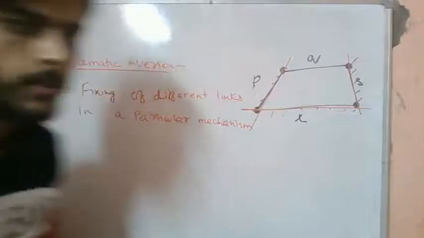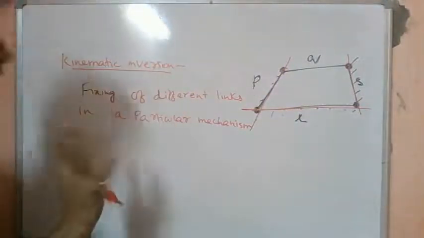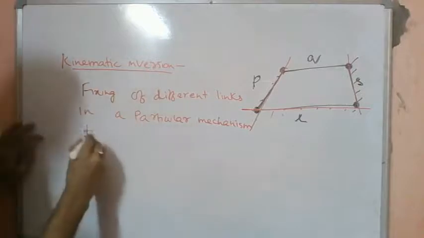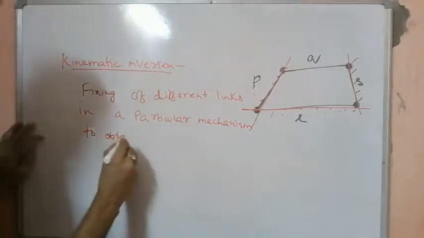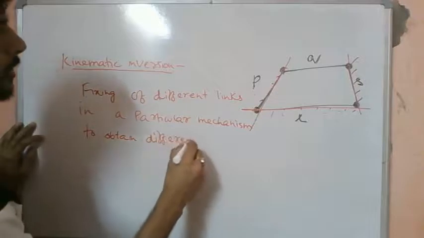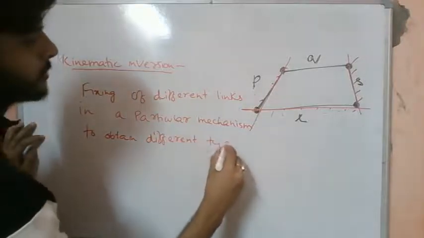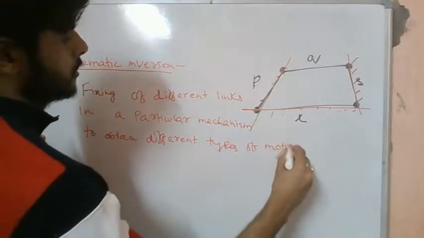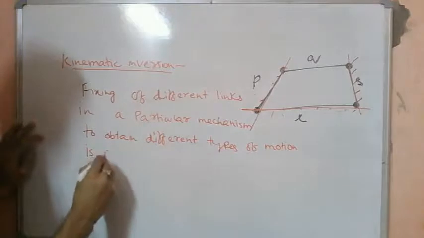So fixing of different links in a particular mechanism to obtain different types of motion is called kinematic inversion.